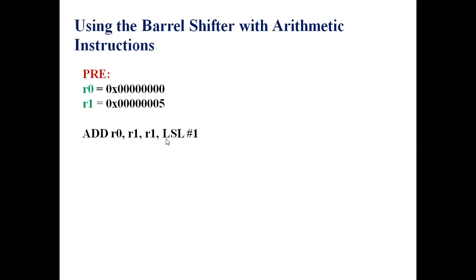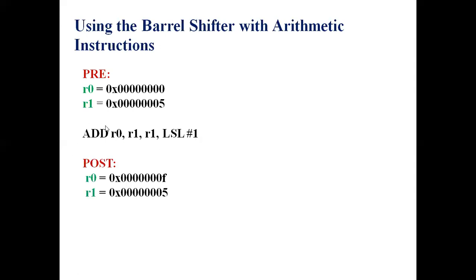If we multiply the content of R1 by 2, we get the result 10. Then R1 has the content 5, so 5 plus 10 is 15, and its hexadecimal equivalent is 0F, which is transferred to register R0.